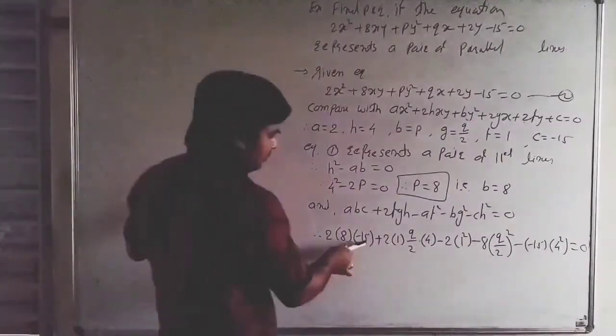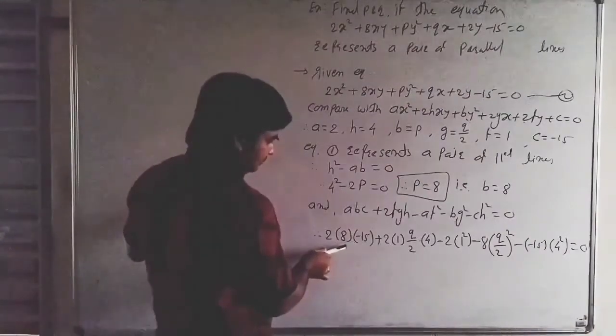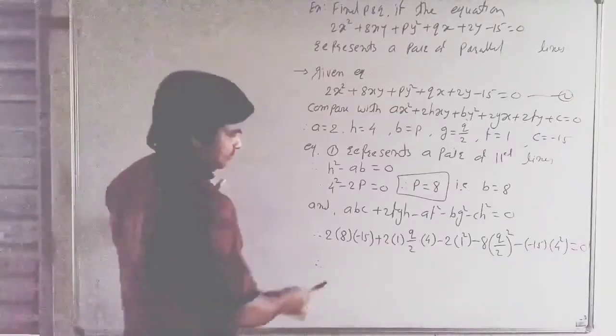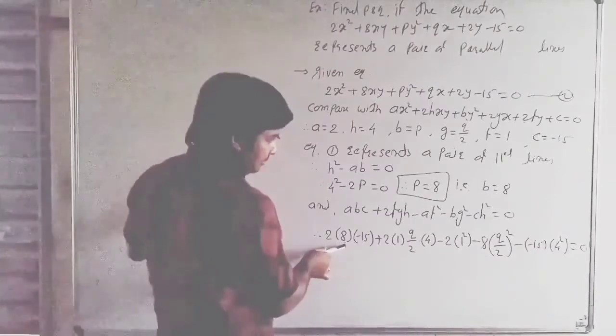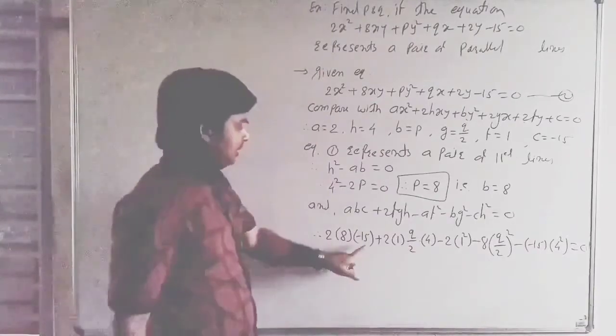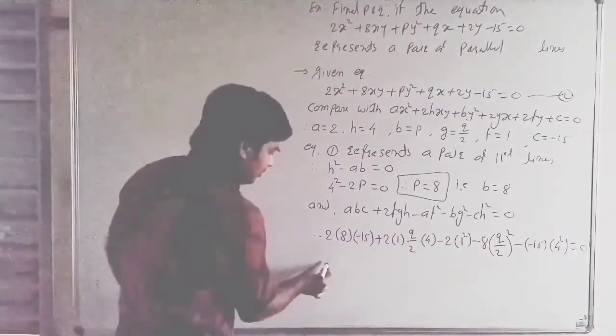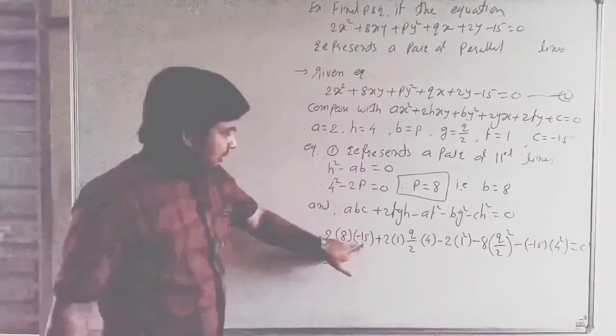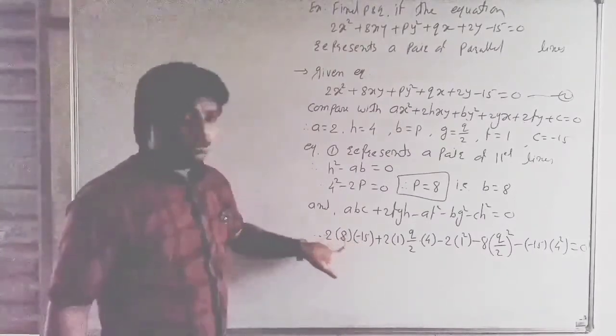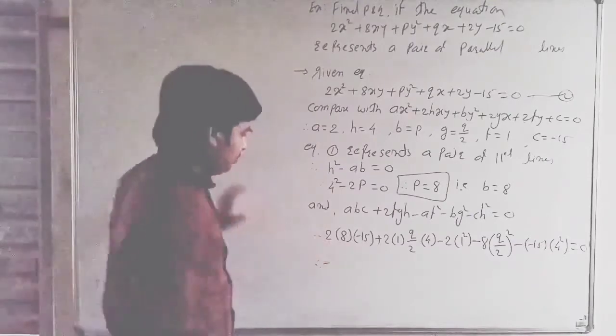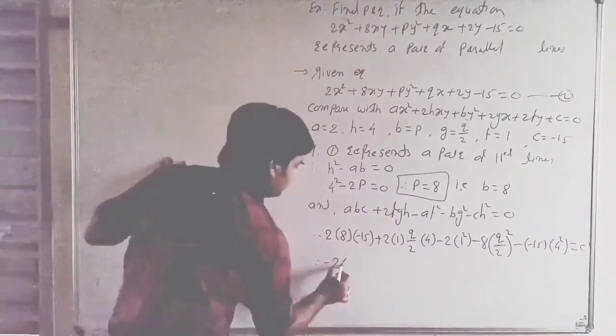Now here 15 into 8, it is 120, and 120 into 2 it is 240.